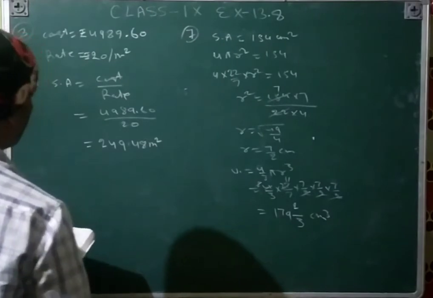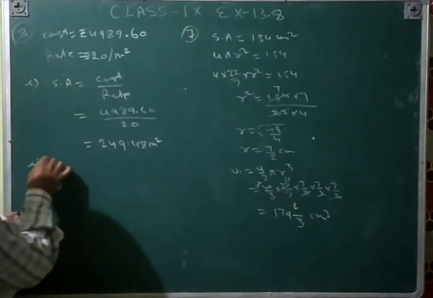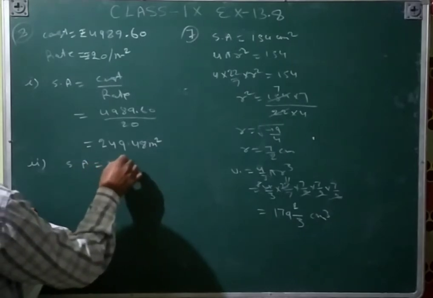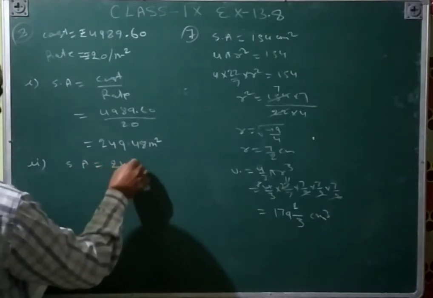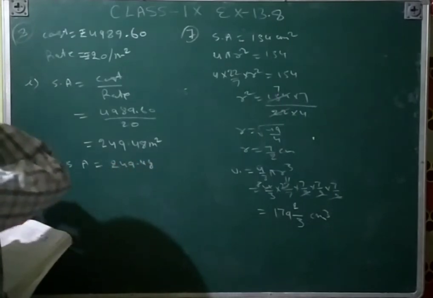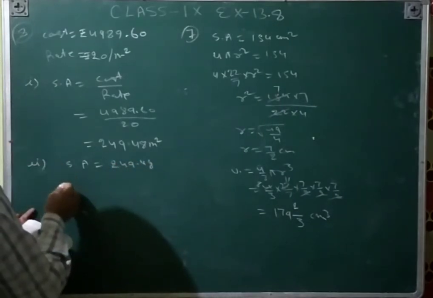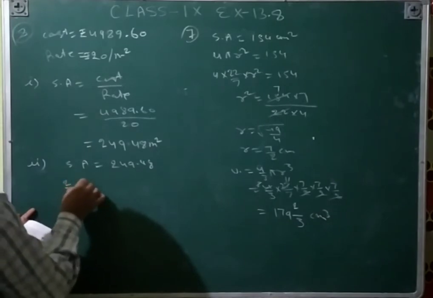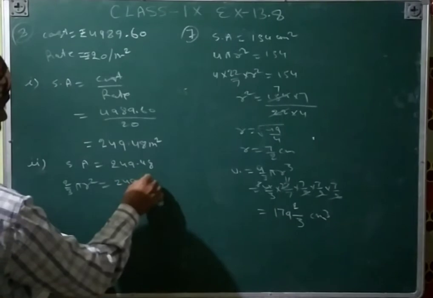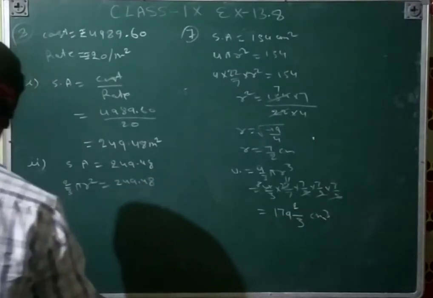So we need the radius also. The surface area we have found is 249.48. We know the dome is a hemisphere, so the curved surface area is 2 upon 3 pi r square.